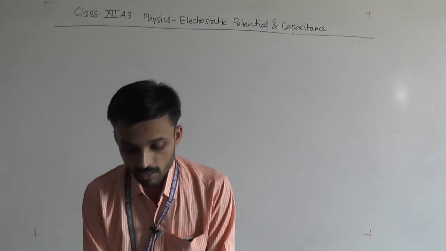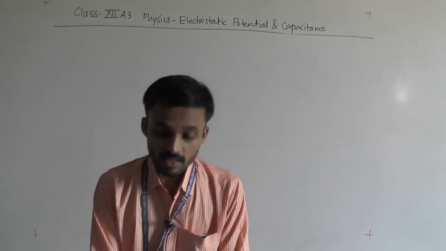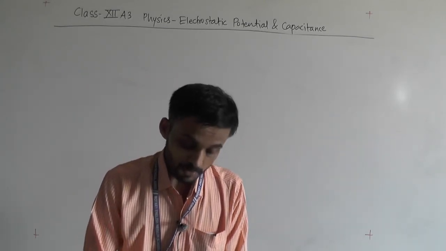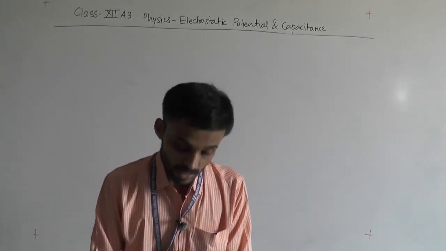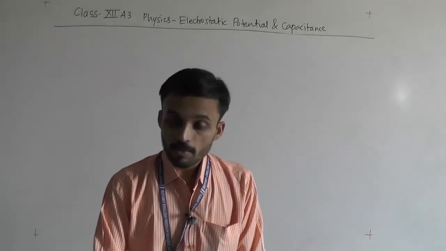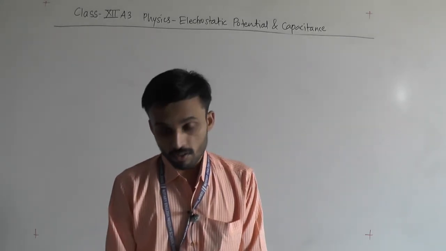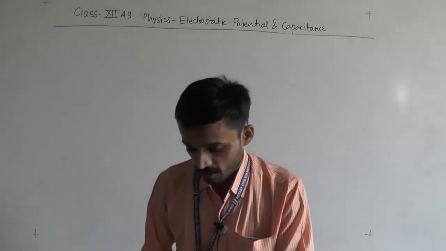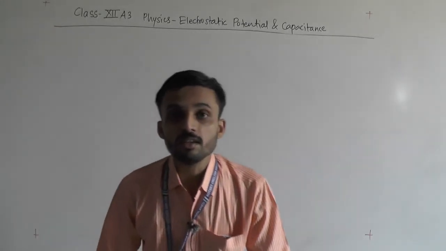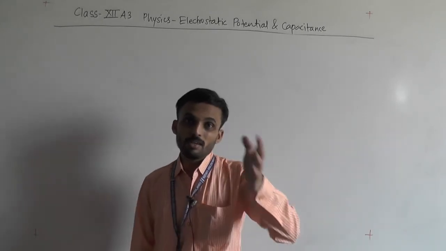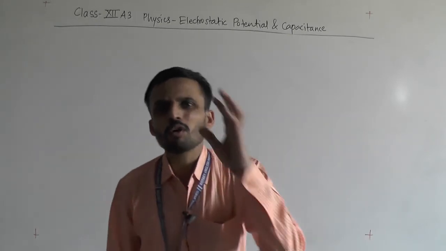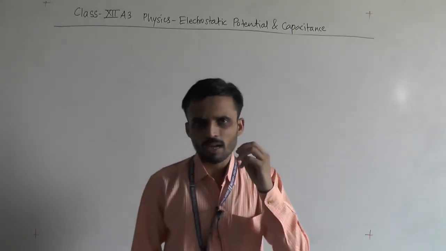Then we have studied potential energy of dipole, potential of dipole, then dipole rotating in uniform electric field, then torque acting on dipole. All these things are concerned with your second topic and the problems regarding the second topic.